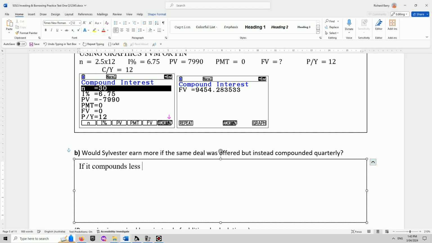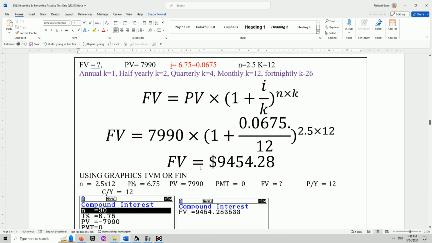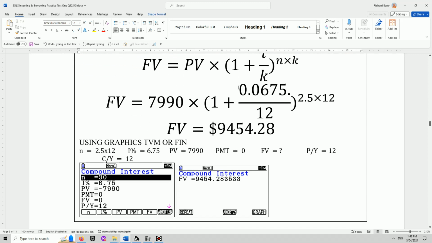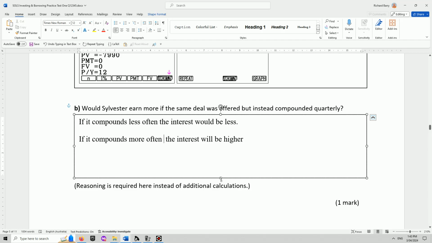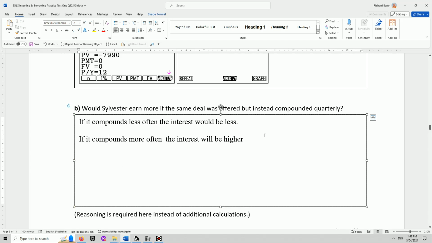Most people remember that if it compounds more often, the interest will be higher. In this question, the monthly compound will have a bigger interest than the quarterly compound.